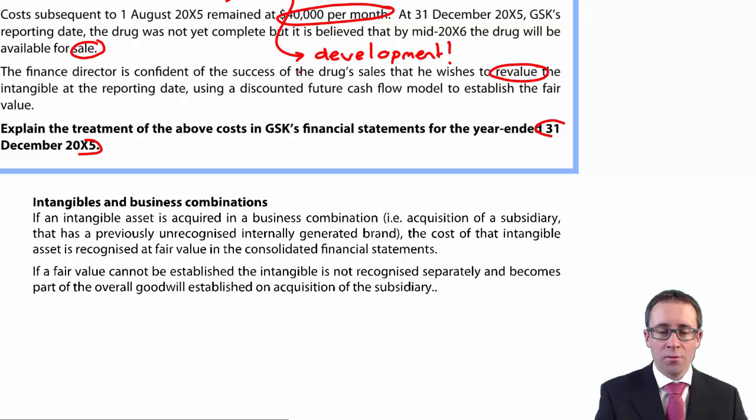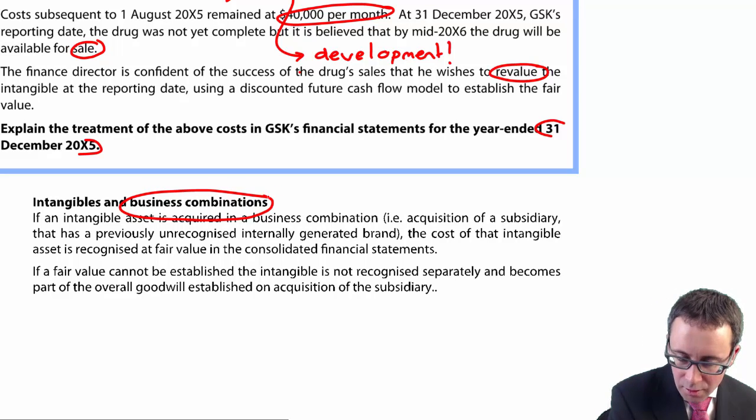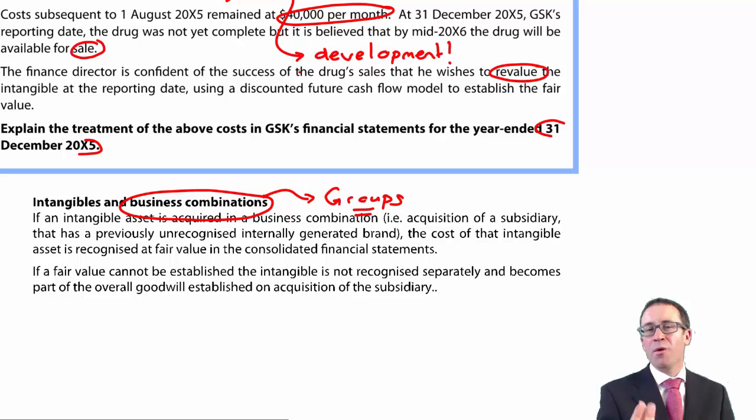But the key bit is that when you have here, it talks about business combinations. That's looking there at groups. Essentially what we have is that we have different rules for the intangibles. So essentially, when you buy a business, you get control of that business.